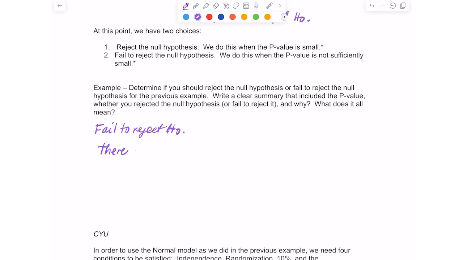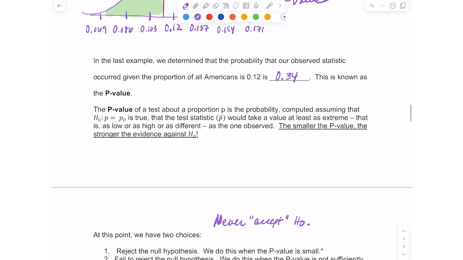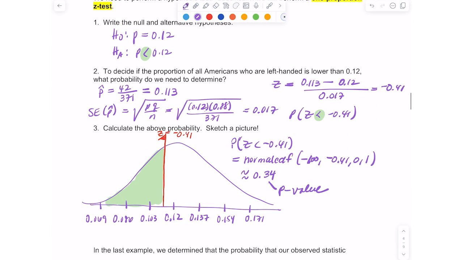So there is not strong evidence to suggest what? We always refer back to the alternative. So there's not strong evidence to suggest, what did the alternative say? Well, the alternative was that the proportion of all Americans that are left-handed is less than 12%.